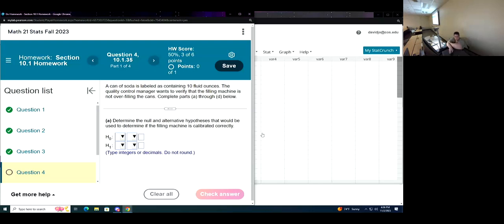Well, there's no way we're going to have a percentage here. So I'm guessing he's going to have something about the mean, the average number of ounces. So something with the average here. And the average should equal that 10 ounces.